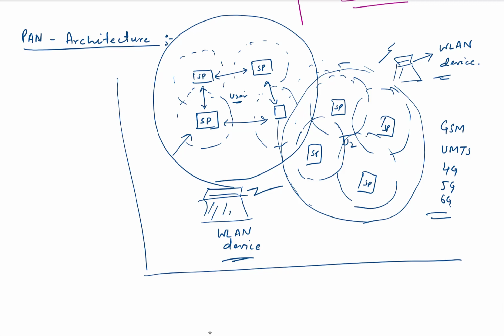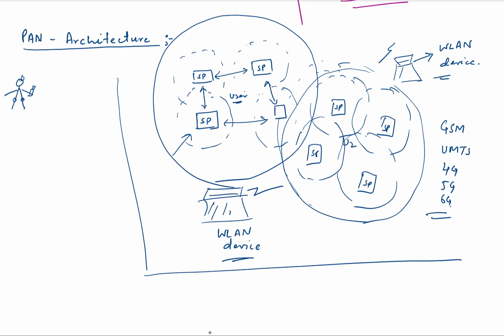Basically the PAN is a network for the person, between the person and the outside world. For example, here we have a person. It will have a wearable device on its wrist, a wearable device on its head, another wearable device on its leg, and another on the other leg.